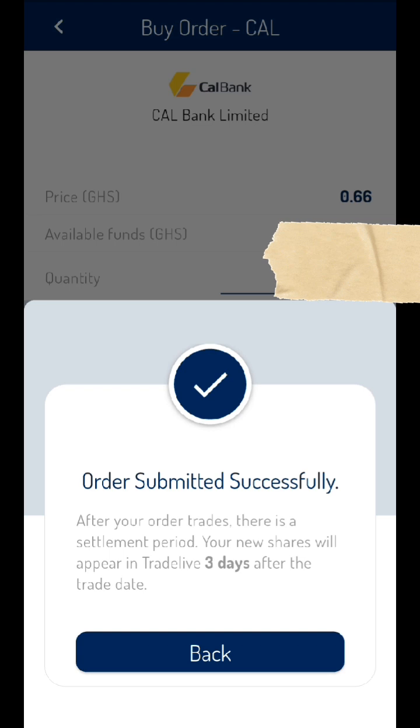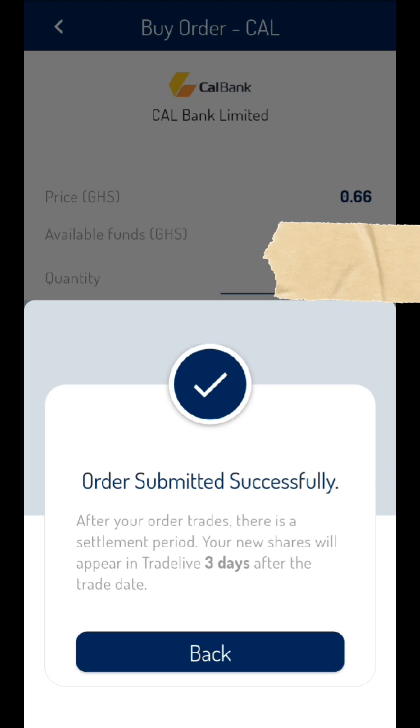In our previous submissions, we made mention that before a trade can be successful, there must be a match between what a seller is willing to sell and what a buyer is willing to buy. So if I'm willing to buy 1,000 shares and there is someone who is willing to sell 1,000 shares, that means there's a match.